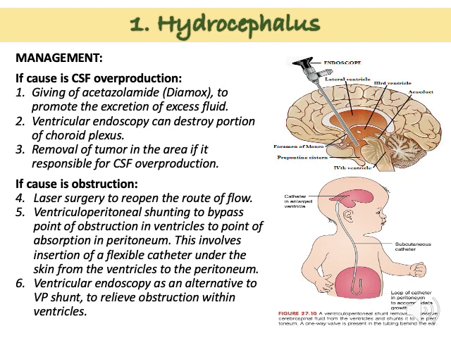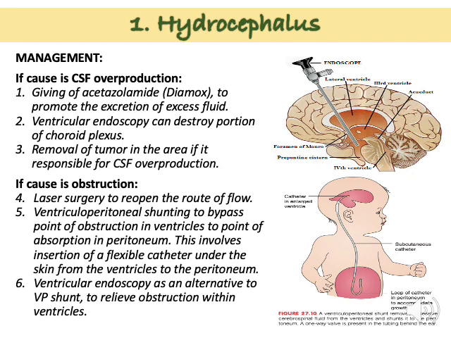Second is through ventricular endoscopy, shown in the photo above, which can destroy a portion of the choroid plexus, where CSF is believed to overproduce. This procedure is creating an opening into the ventricles using an endoscope through a borehole.